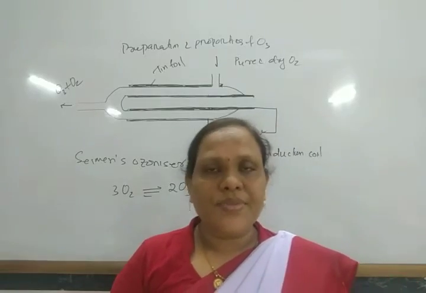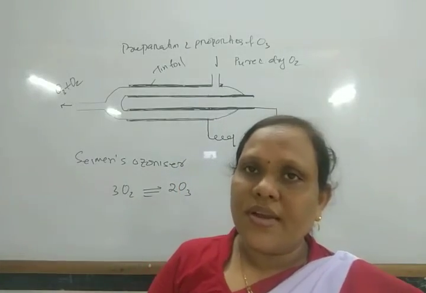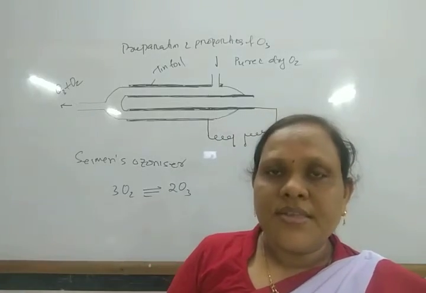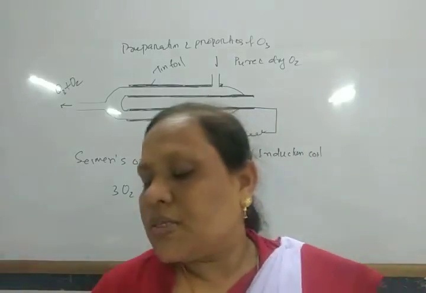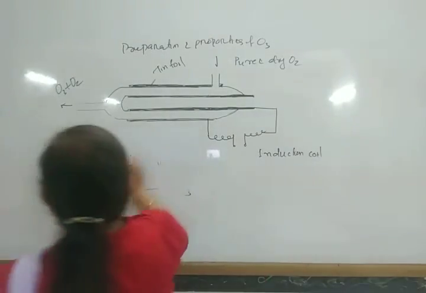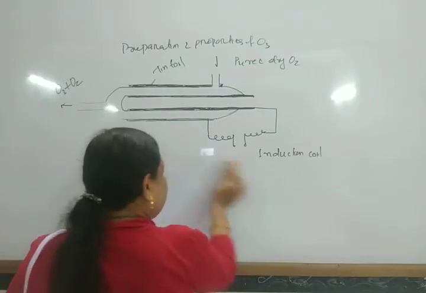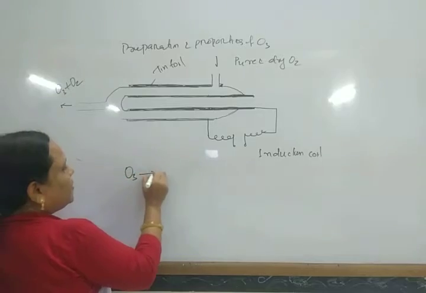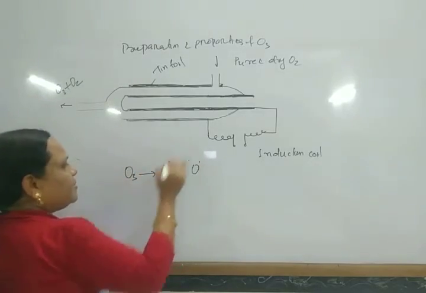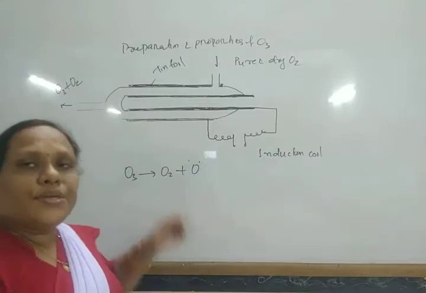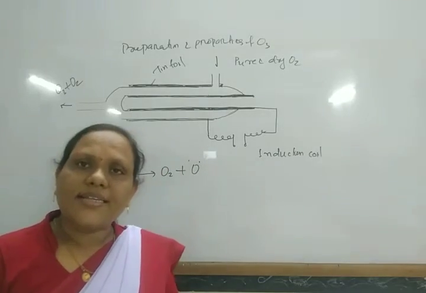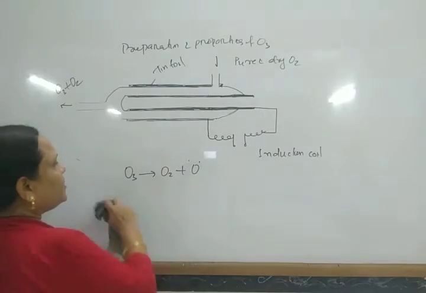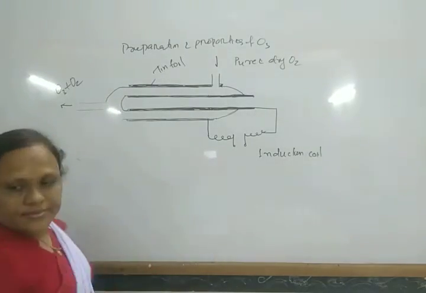Now ozone is a colorless, odorless gas, but when cooled, its color changes to blue. Ozone decomposes easily to give oxygen. So it gives nascent oxygen also. Due to this, ozone acts as an oxidizing agent.